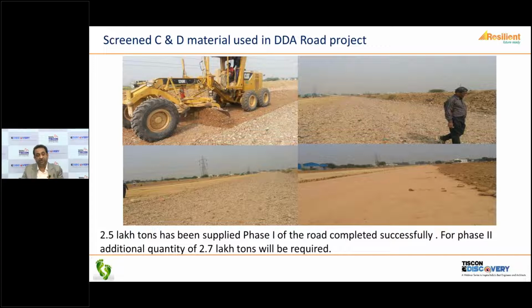One is to use this gainfully in a proper manner, so that these are not dumped and don't create an environmental problem. And second is to save your virgin aggregates, because these aggregates are not going to last forever. So we need to make sure that we hand over this world to the next generation, also to enjoy what we had enjoyed.